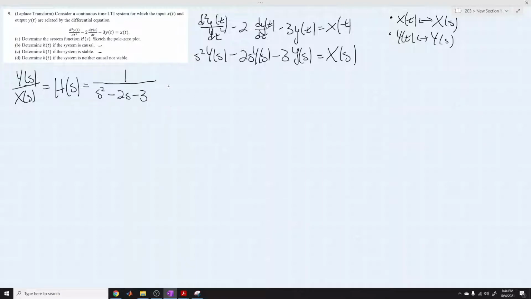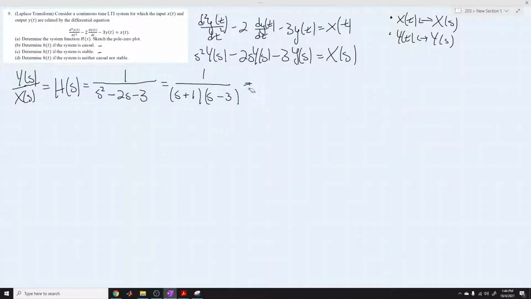And let's factor this. So we'll have an s, and we'll have an s. We have a negative sign right here, so that tells us that one is positive, one is negative. To get that, there would have to be a positive 1 and a negative 3, because we have 1s and negative 3s. Add those two together, we get negative 2s, and positive 1 times negative 3 is negative 3.